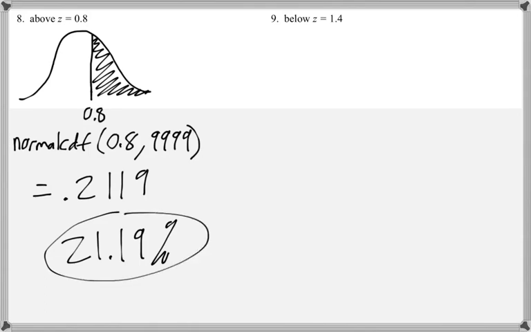Question number 9 says, below z is equal to 1.4. So that would look something like this.